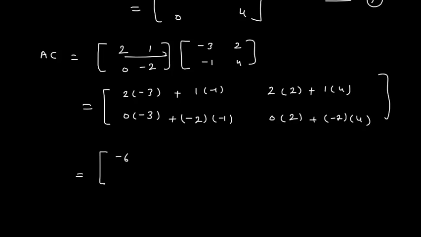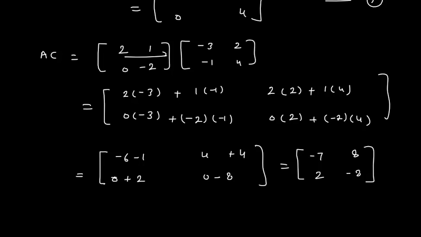Okay, so finally what we get? We get [-7, 8; 2, -8]. This is the value of AC. This we take as equation number 2. So we get equation 1, equation 2, and then minus 5B. Therefore A squared plus AC minus 5B is what we have to find out.